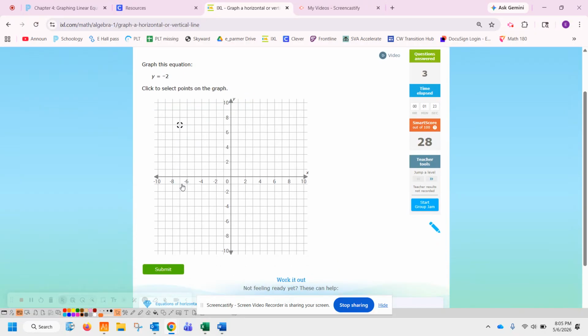And here's our first Y. So I'm going to find -2 on the y-axis. And this time it is a horizontal line. Again, you can pick any dot you wish. If you aren't happy with the dot that you originally chose, you can start fresh by unclicking all the dots and re-click what you want to actually do. But it doesn't matter which dot you pick.